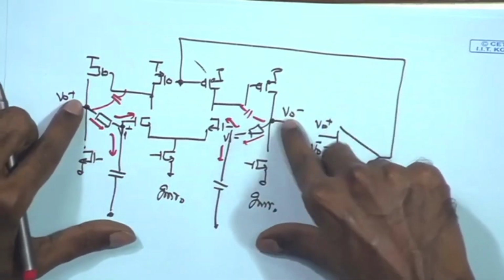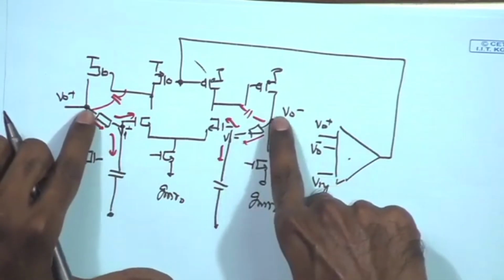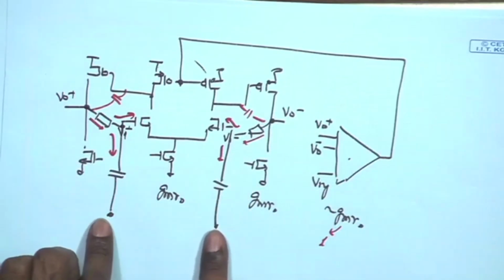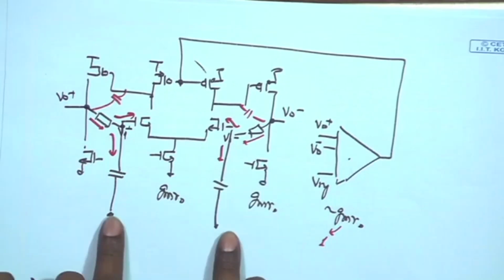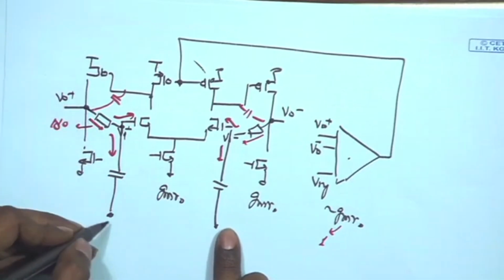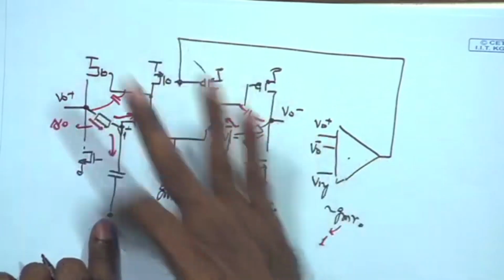Even if I assume that you apply some output signal over here, what is its impact on the input? The electrode impedance is approximately around a mega ohm. So here you have around 10 to the power of 10 or 10 to the power of 11, and here you have 1 mega. So it is still much larger.